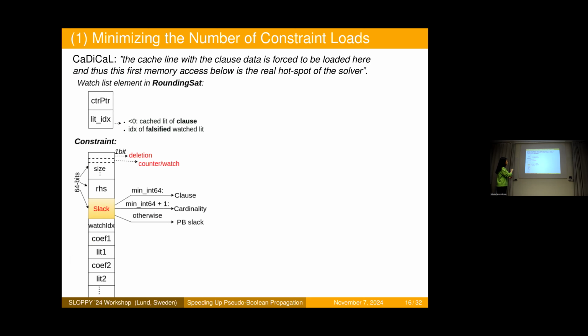And in the constraint, we use 1 bit for indicating whether this constraint is to be deleted or not, another bit for specifying the propagation method, and the remaining bits are for the size, LBD, and something else. And for this slack integer, we use the last two minimum values to indicate this constraint is a clause or cardinality, otherwise it's PB slack. This integer is for optimization.